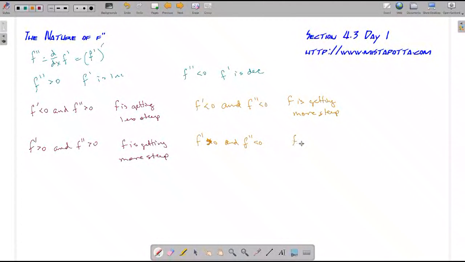So f is getting less steep. So what happens is that f prime tells me whether I'm increasing or decreasing, but the second derivative actually tells me about the shape of what's going on.